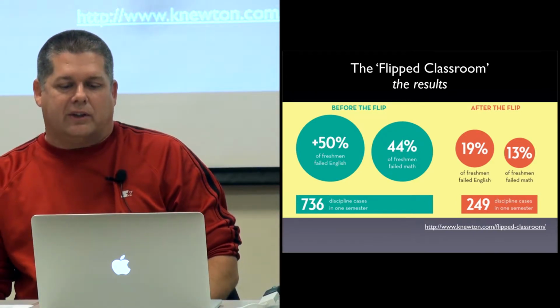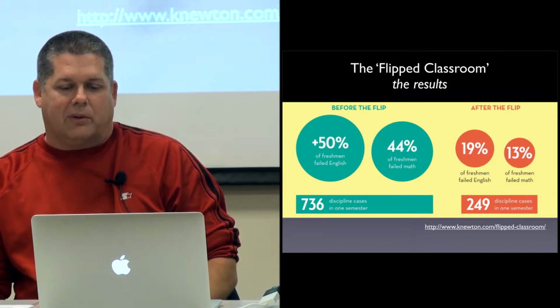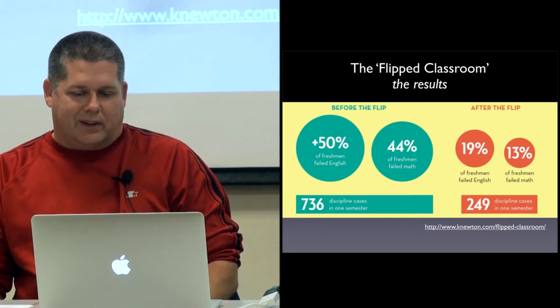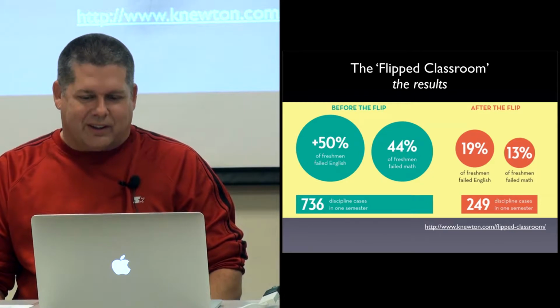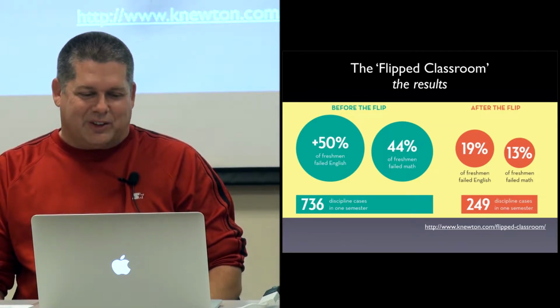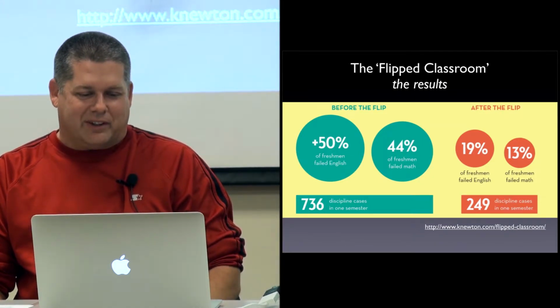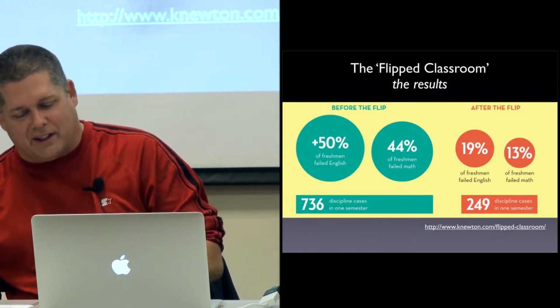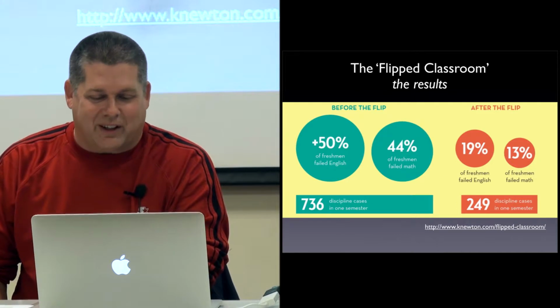And after they tried this flipping program, they dropped those results down to closer to 15 or 20%. What makes me a little bit skeptical here are the cases in discipline dropping from 736 down to 249. I'm not sure why that would be, so maybe take it for what it's worth.